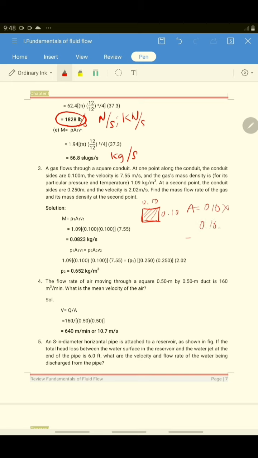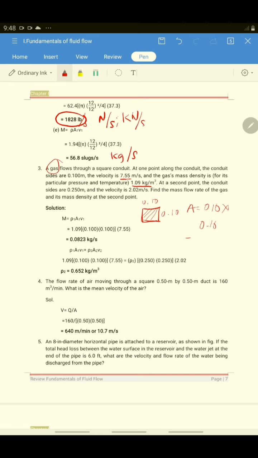Then the velocity is 7.55, and you have to take note that the fluid here is gas. Okay, so the density, you have to know the density.